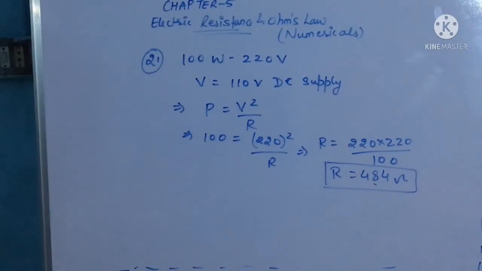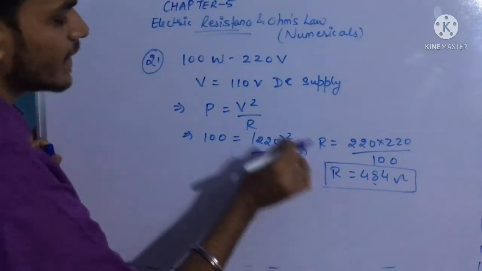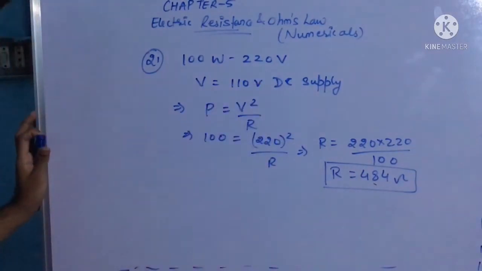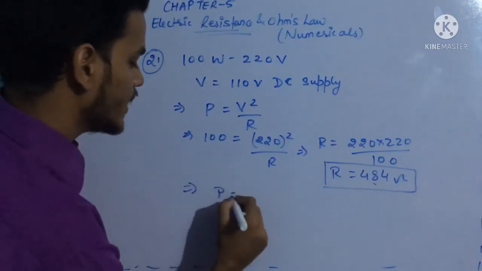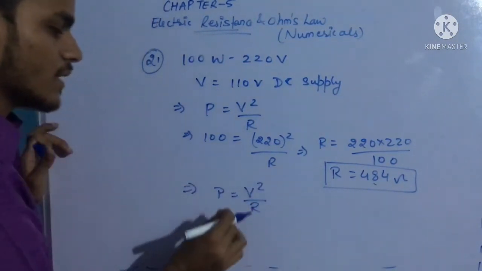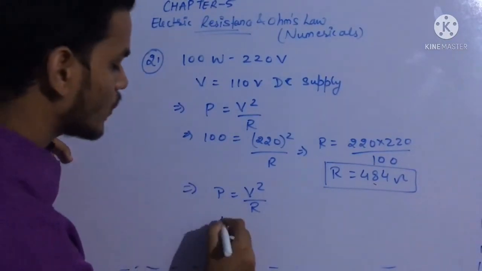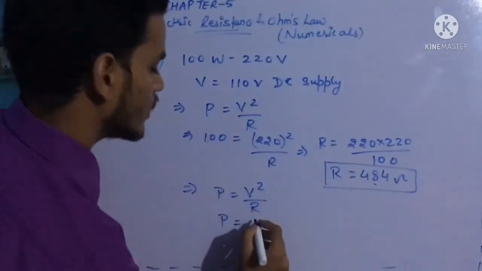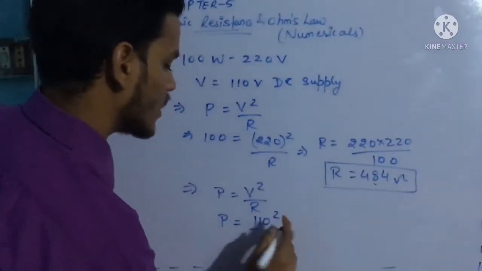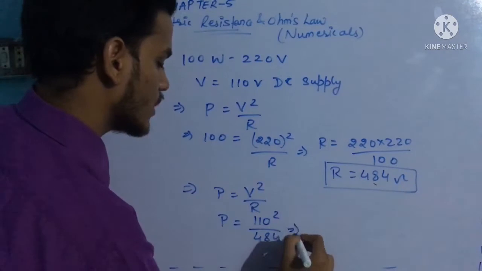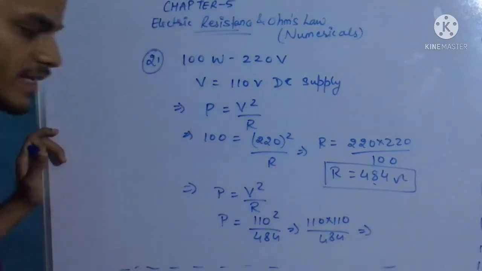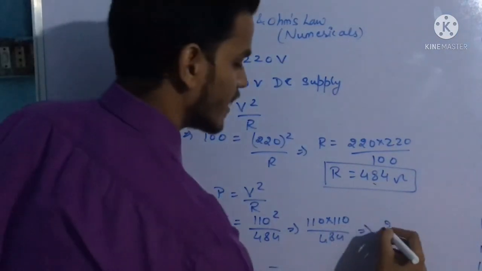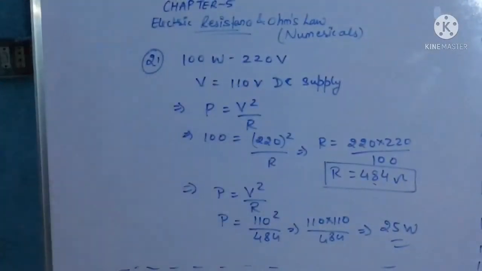Now we have connected it to a 110 volt DC supply, so we have to find the new power. P equals V square upon R, where V is 110 and R is 484. Solving all this, we get P equals 25 watt. This is an easy question but a tricky question.